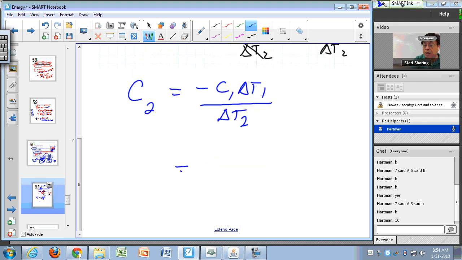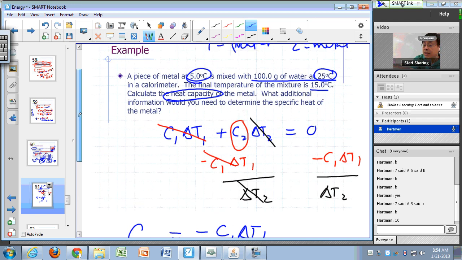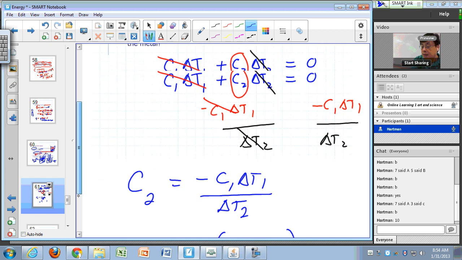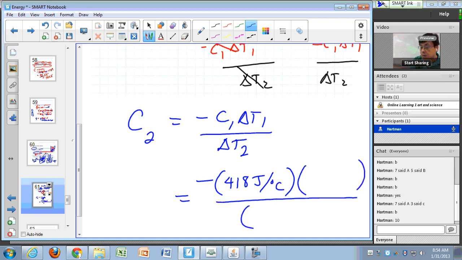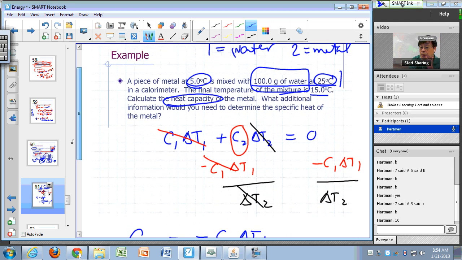So what's our C1? What's the heat capacity of 100 grams of water? We did that earlier. 100 times 4.18, right? And that's 418 joules per degree Celsius. What's our delta T1 and what's our delta T2? Okay, what happened to our water?